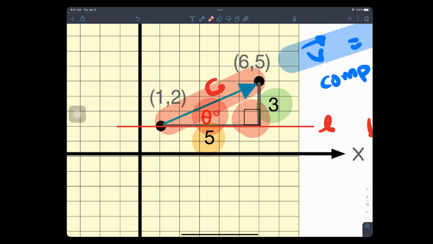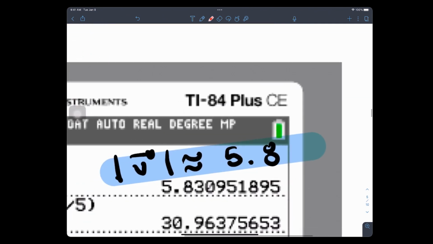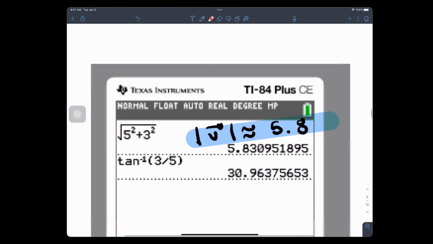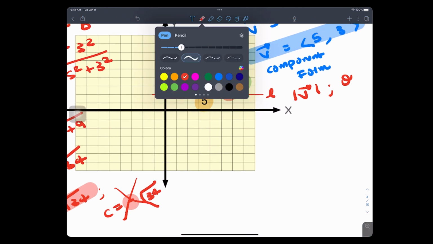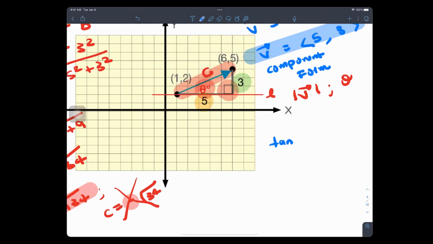They want that standard angle. So what do we use? Let's see if you guys know this. Tangent theta is opposite over what? Adjacent.